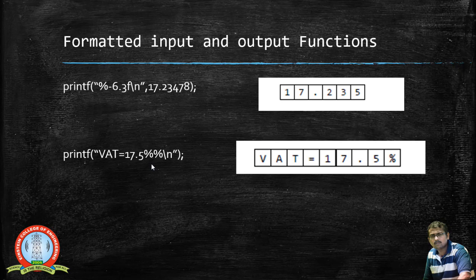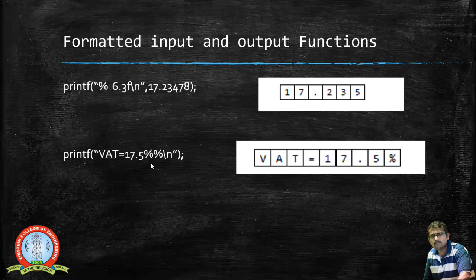And similarly, in this case also, we have a value which is printed like this as 17.5. Now in this case I need to print the percentage symbol. Inside the printf statement, normally when you are using a format string, it always begins with a percentage.